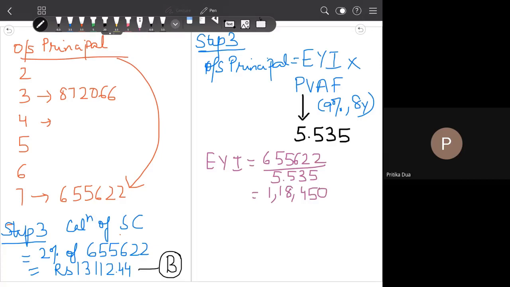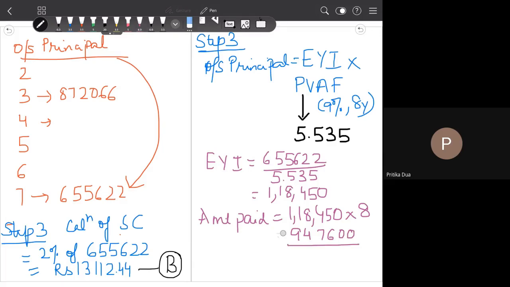This is the yearly installment, and the amount paid would now be this installment into 8, because this installment will be paid for 8 years. So 9,47,600. This would be the amount paid under the fixed rate of interest.